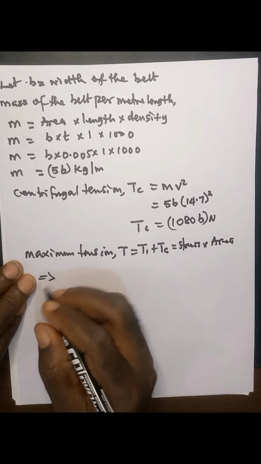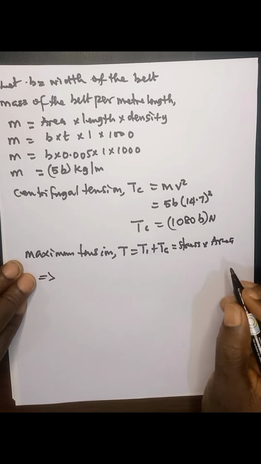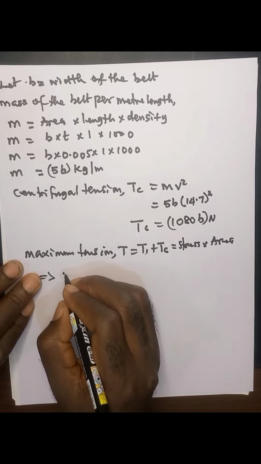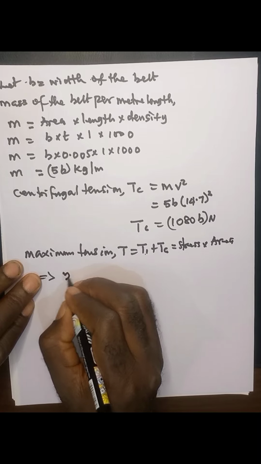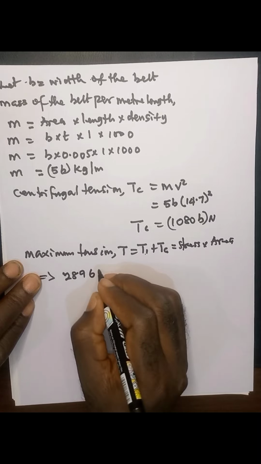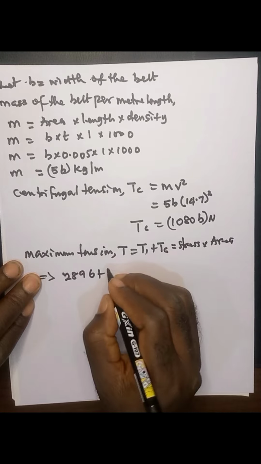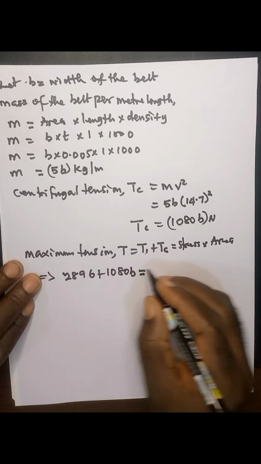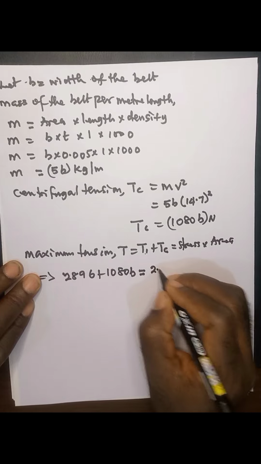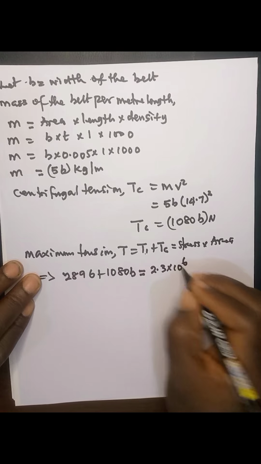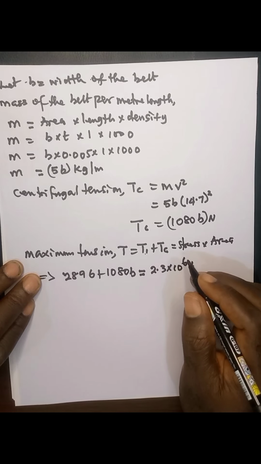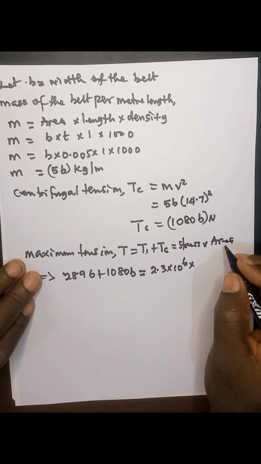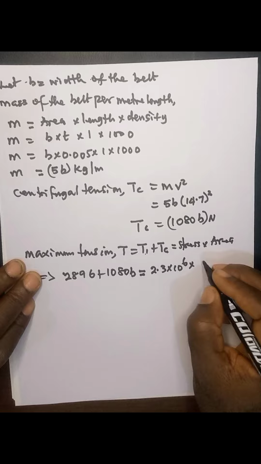And this implies that from here, when we substitute the value of our T1, which is equal to 2896 plus our TC here, which is 1080B, then is equal to the stress, 2.3 times 10 raised to power 6, times area. We know that area is width times the thickness.